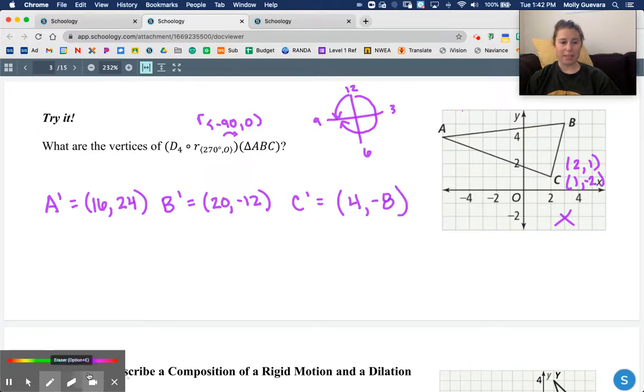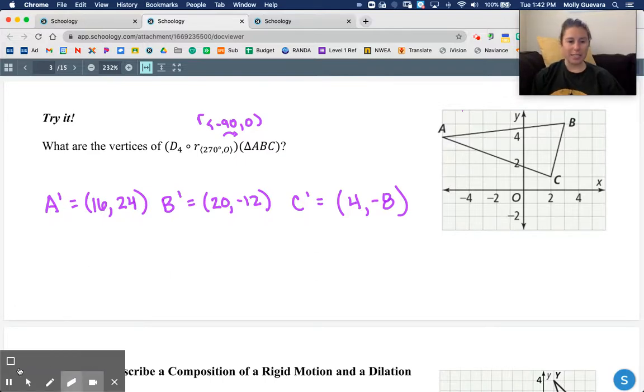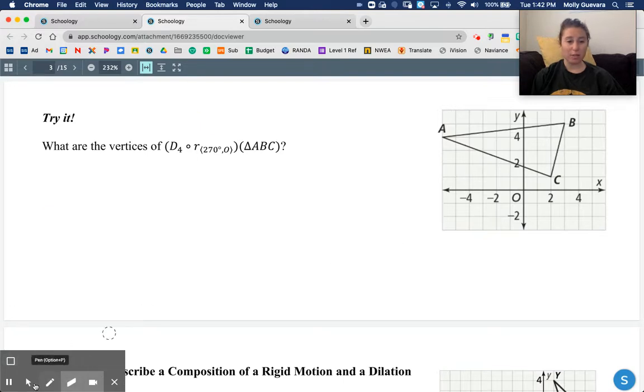And that is it. I have found the coordinates of all of my vertices for this triangle when it's been rotated 270 degrees counterclockwise or 90 degrees clockwise, it's the same, and been dilated by a scale of 4. So if that's not making sense to you, make sure that you reach out for help.